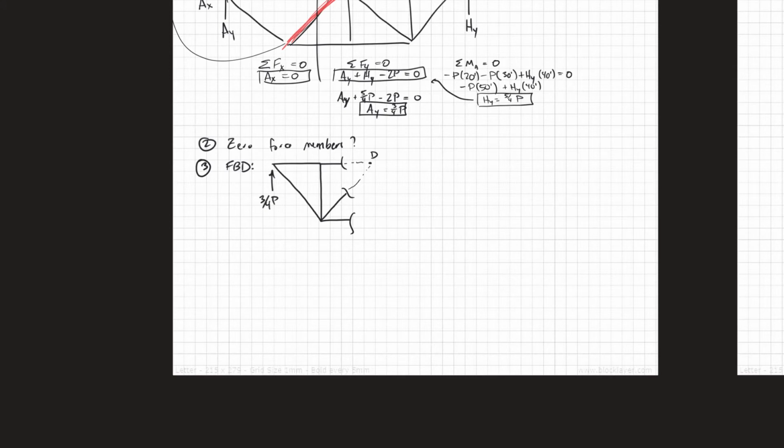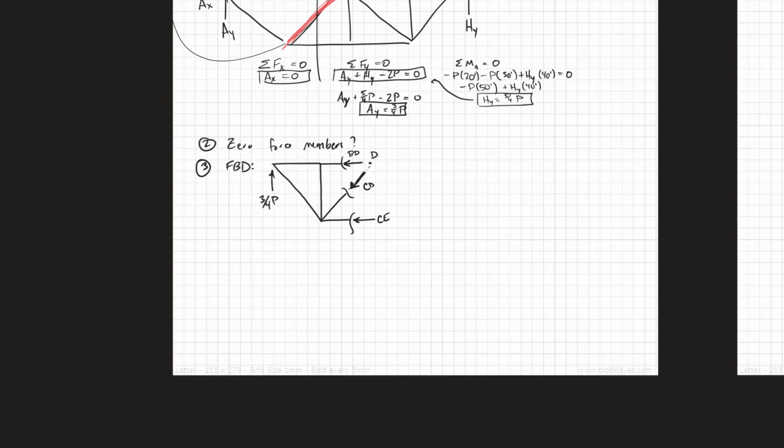Then I'm going to go ahead and assume that these members are in compression, just because, why not? You can assume however you want. I generally like to assume compression just because pushing is kind of easy for me to think about. So this will be BD, this will be CD, and this one will be CE.